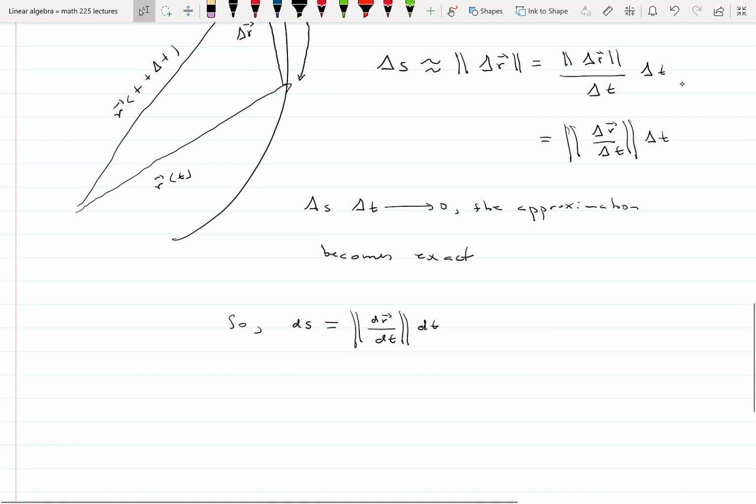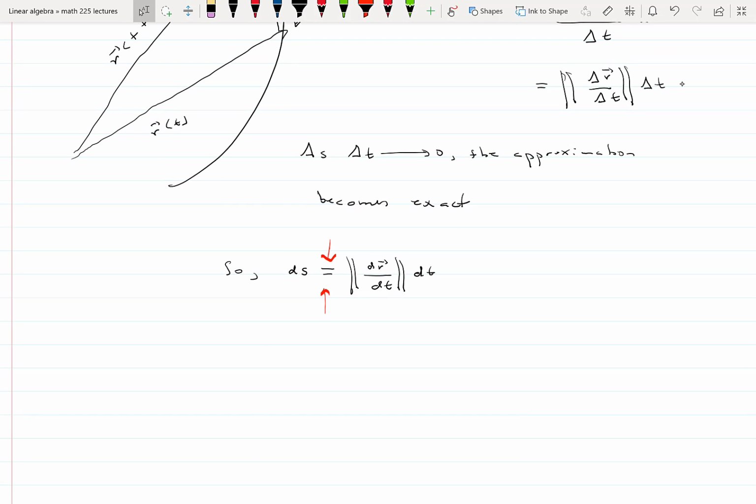This is our formula for the infinitely small arc length that we're adding up by integration. Notice that the approximate equal sign became an actual equal sign, and that's because as delta t approaches 0, the approximation that delta s is approximately the length of delta r becomes exact.